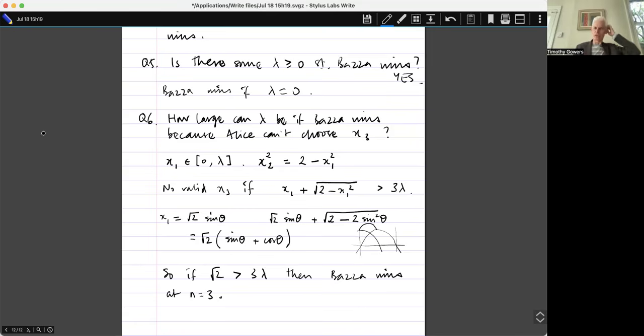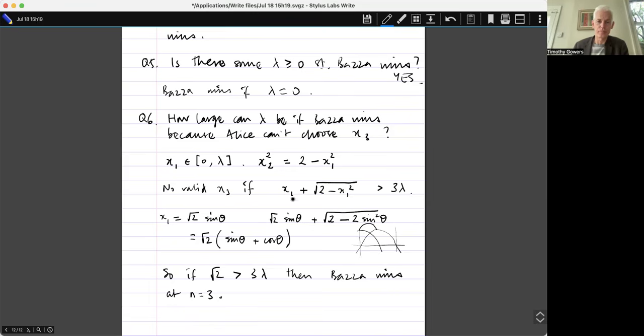So let me just quickly check that I really believe that. My argument will be Alice chooses x1, Bazza then chooses x2. Bazza has nothing to lose by choosing x2 to be as large as possible, and as large as possible means the square root of 2 minus x1 squared.